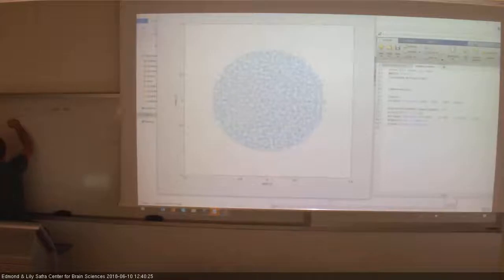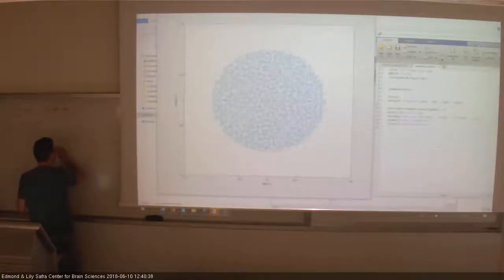It tells us that if Jij is normally distributed around 0 with the variance of G squared over n, then again, this is supposed to be a circle.